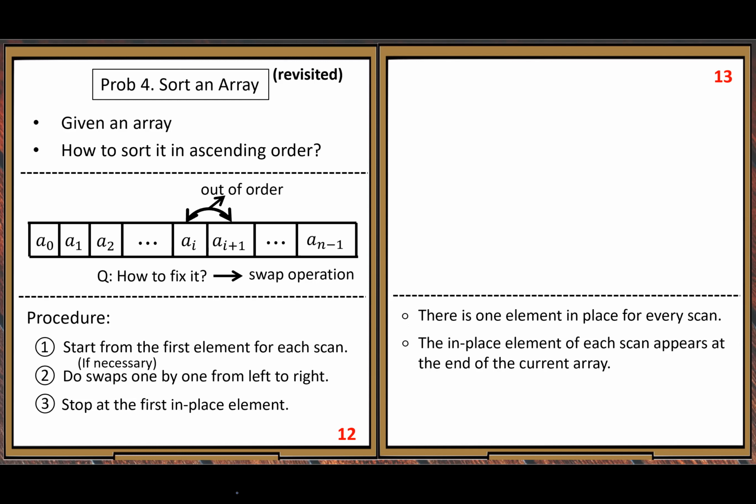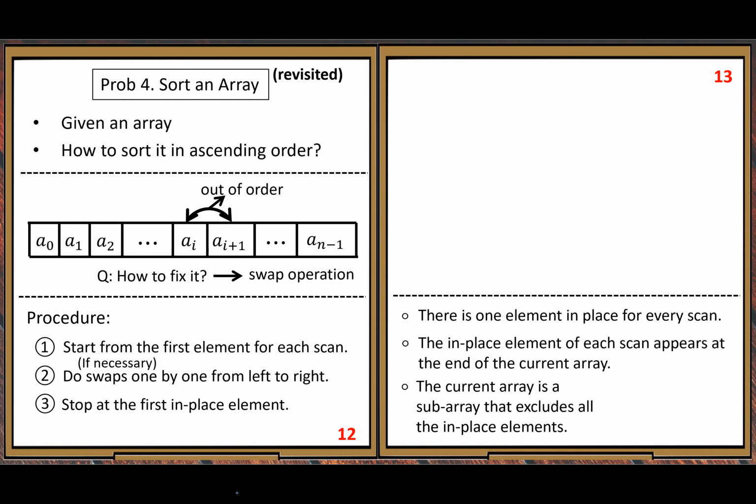The second property: the current array is a subarray that excludes all the in-place elements. Because those elements are already in place, you do not need to touch them anymore.